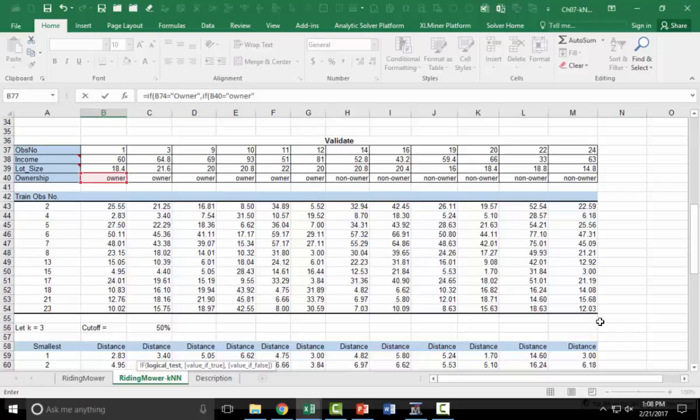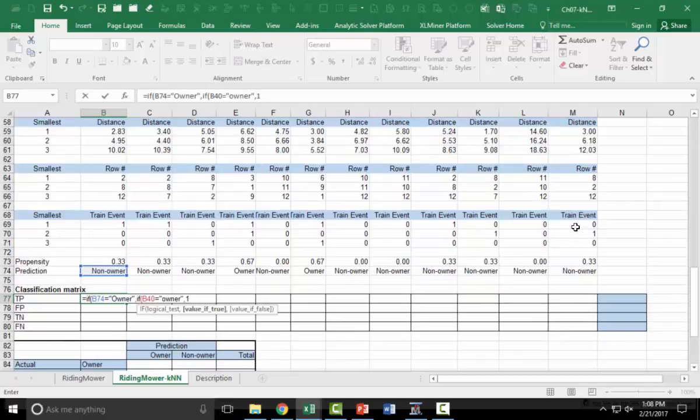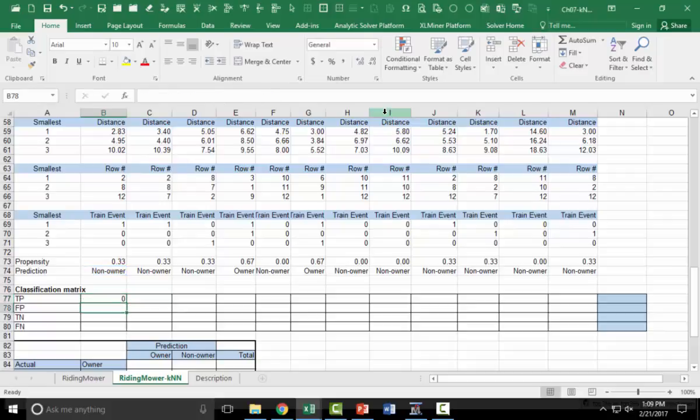You have to keep track of cases. So in that case, if both are owner, then we have a true positive. Otherwise, we have zero. That's not true positive. So there are two ifs. You have to make sure that it works properly.